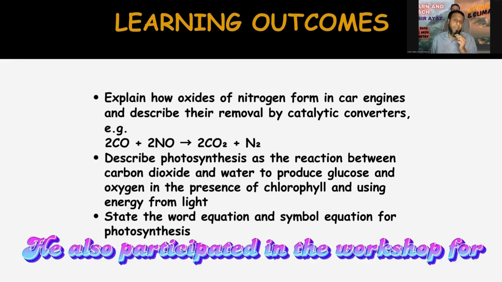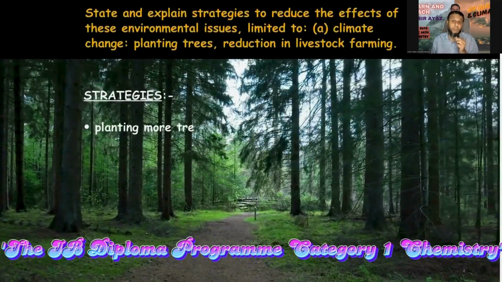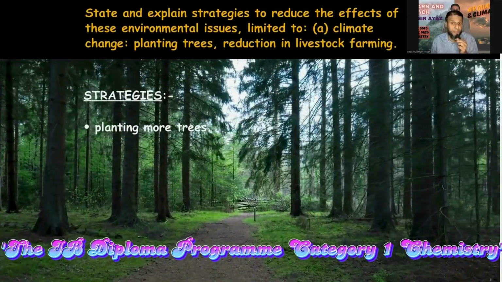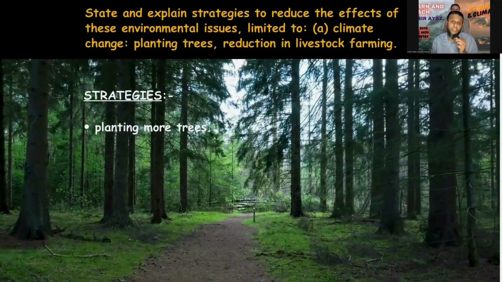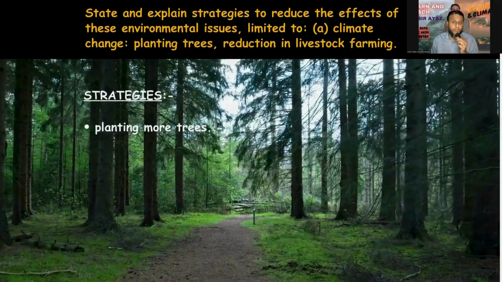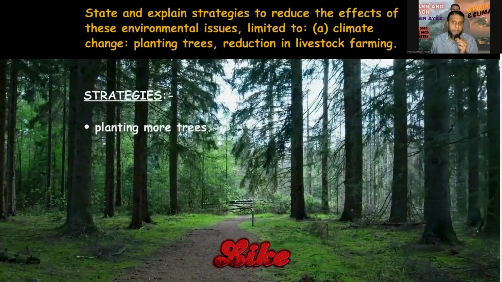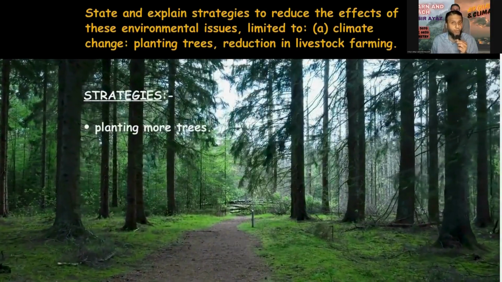Trees absorb carbon dioxide, CO2, during photosynthesis, reducing greenhouse gases. They release oxygen, O2, which is essential for respiration in humans and animals. Photosynthesis in trees helps maintain the atmospheric balance of CO2 and O2.